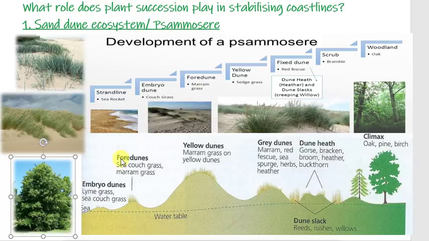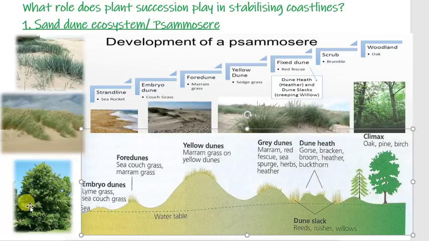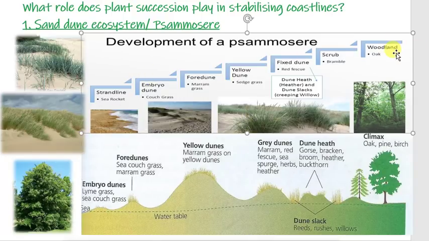So this is a cross section of the different stages, and this is as well. It's showing the same thing really. It's just how I've done it. So if we think of the sea being at the left hand side, then again we've got pioneer species like sea couch and then marram grass, xerophytes and halophytes.